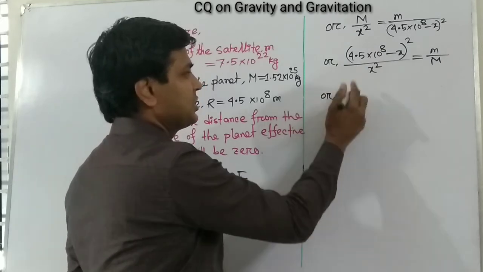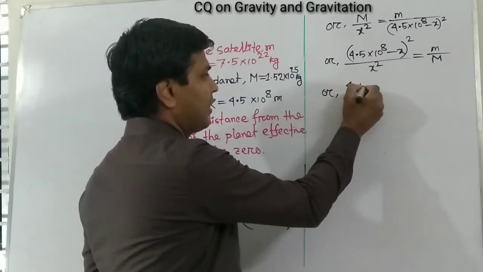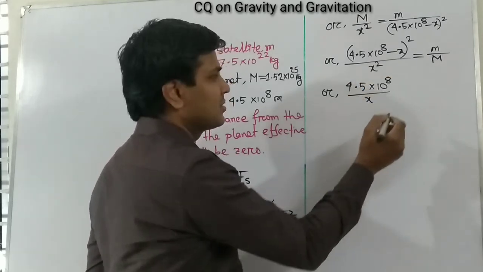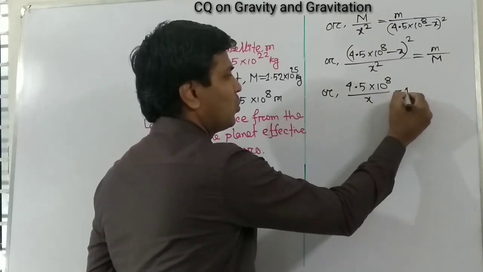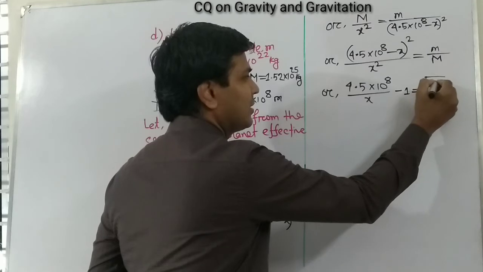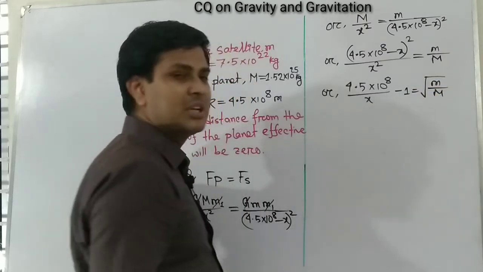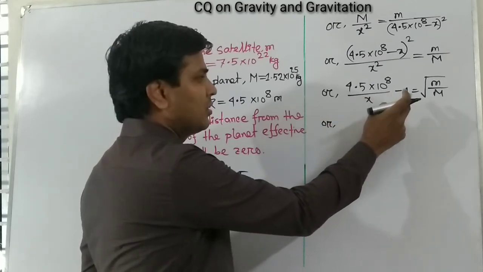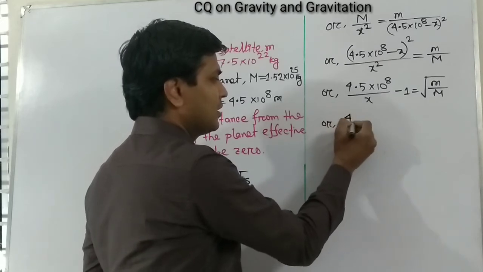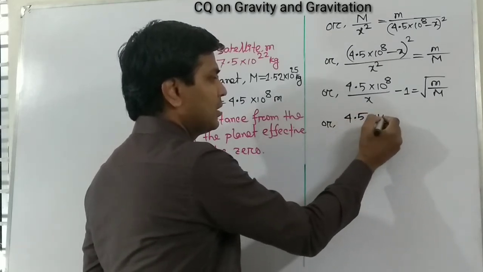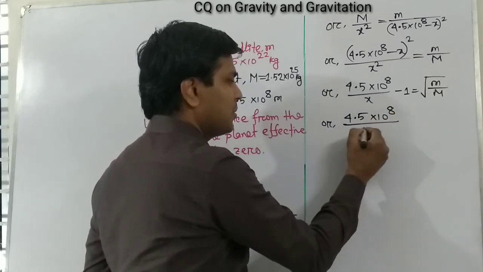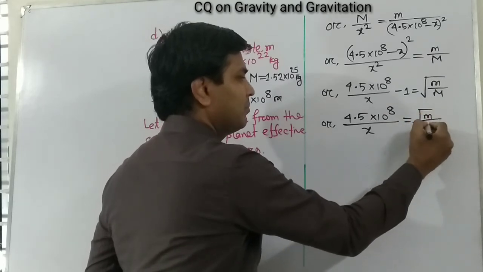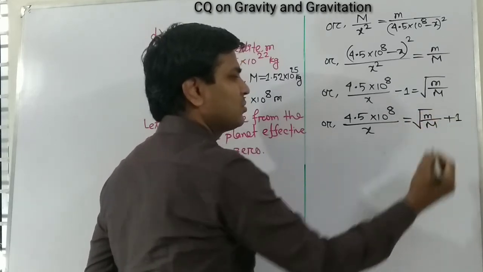Now we can write the expression 4.5 into 10 to the power 8 divided by x, minus 1, equals to root over small m by capital M. Now if we move 1 from the left side to the right side, then we can write 4.5 into 10 to the power 8 divided by x equal to root over small m by capital M plus 1.